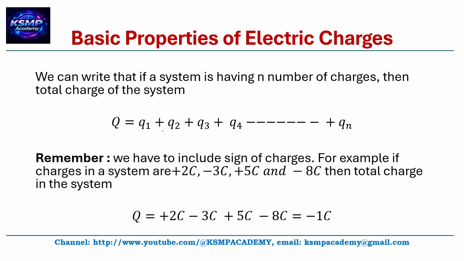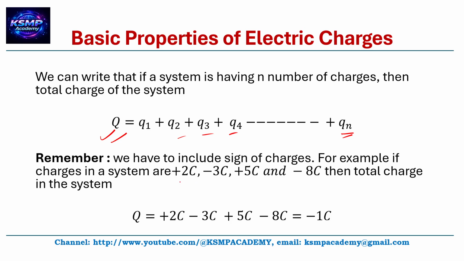If a system has n number of charges, then this will be the expression for the total charge: Q1 plus Q2 plus Q3 plus Q4 up to Qn. Here n is the number of charges in the system. We have to remember that these are to be added algebraically.